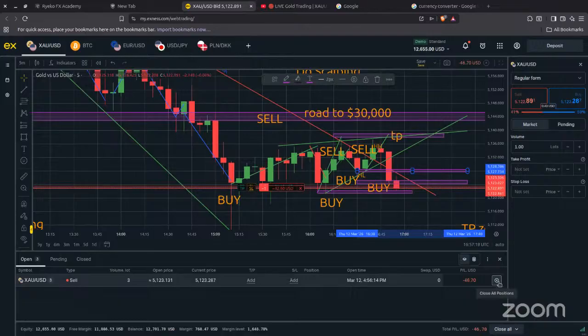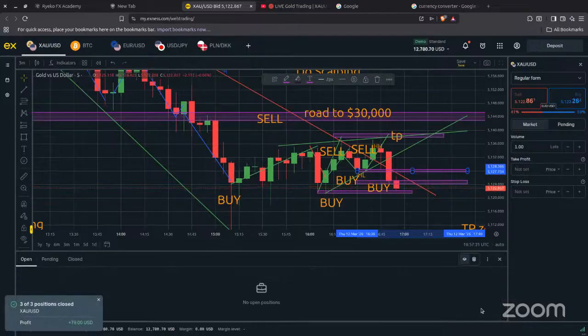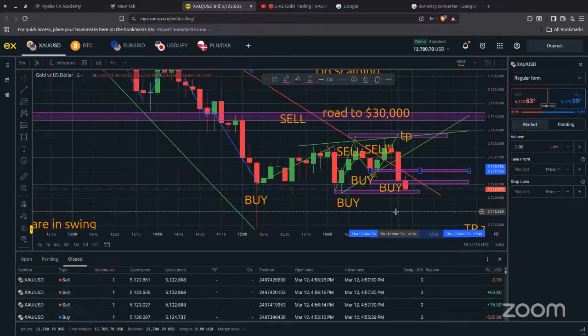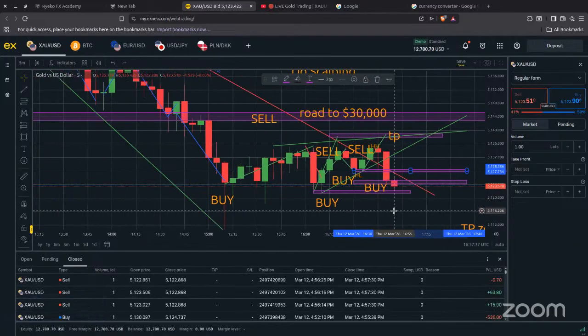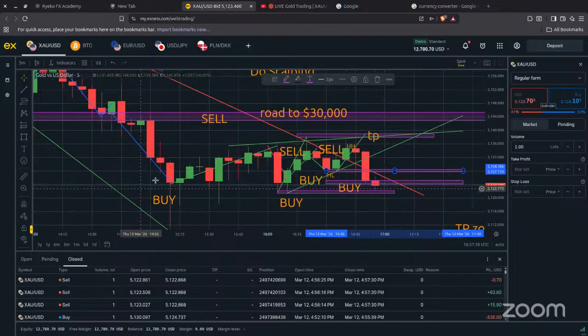I just need to make some money and try to fund a few accounts. Guys, take on some trade with me. Let me close that small money and that is it. I don't want to stress myself a lot. This was a hard market to analyze.